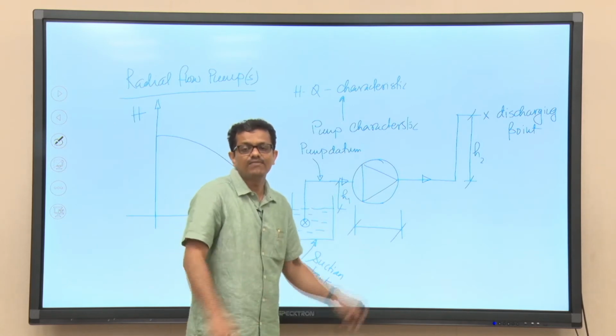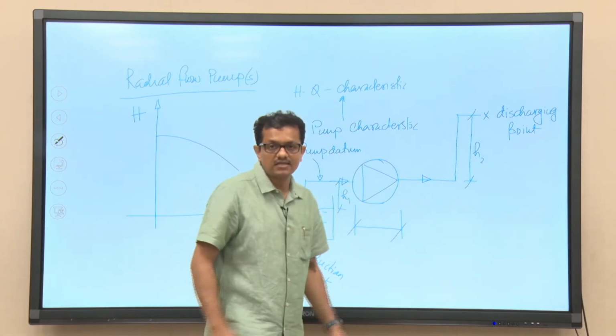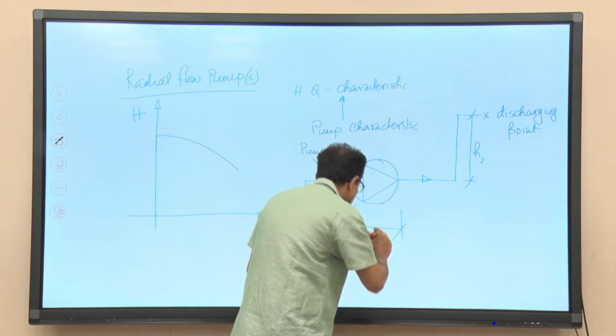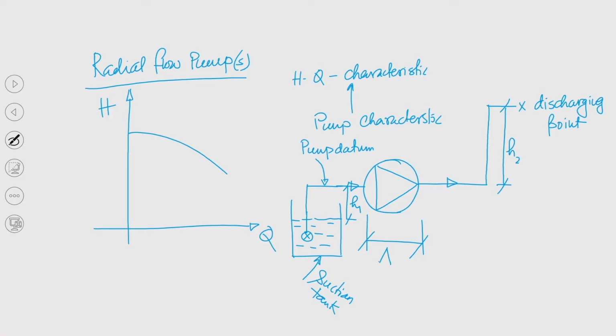So, we need to have energy input, energy addition, and that is done in the pump. So, basically you can understand here the total head that will be developed by the pump will take care of all those. What are the components specific to this particular example?